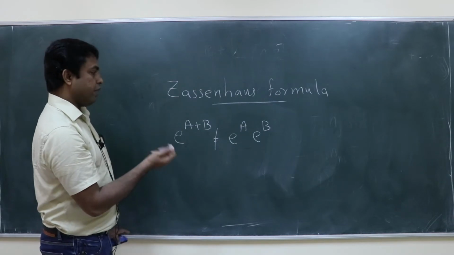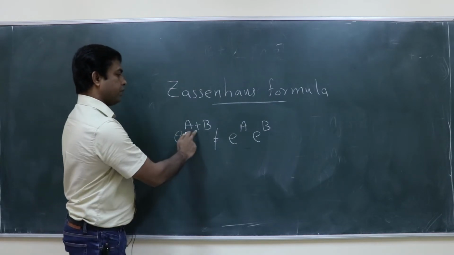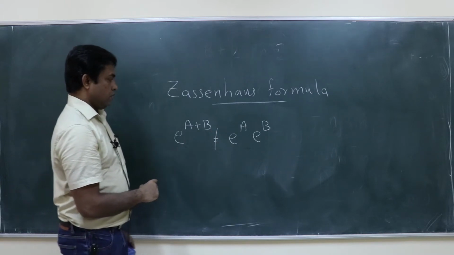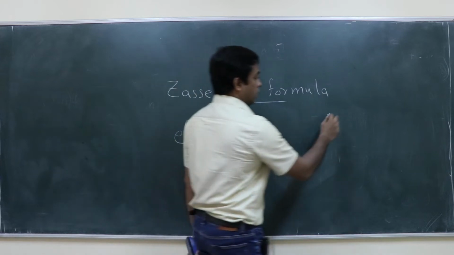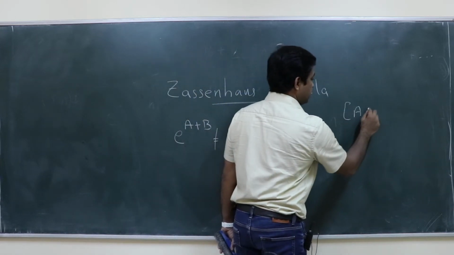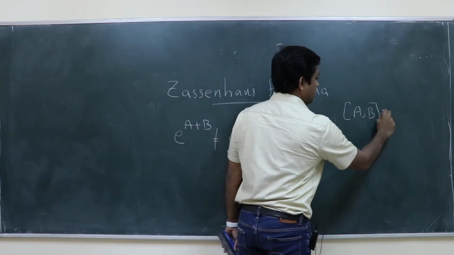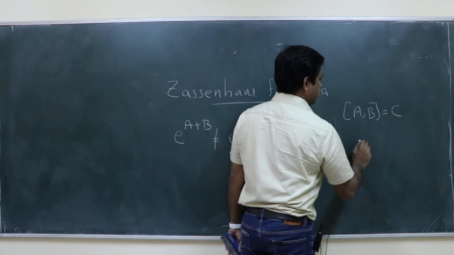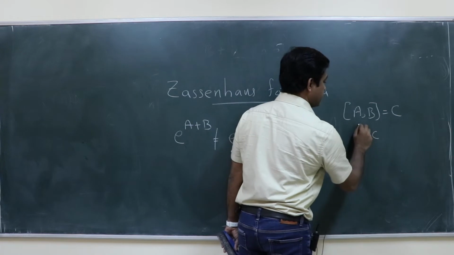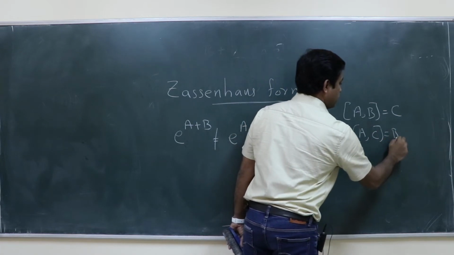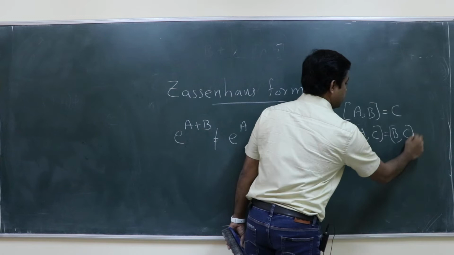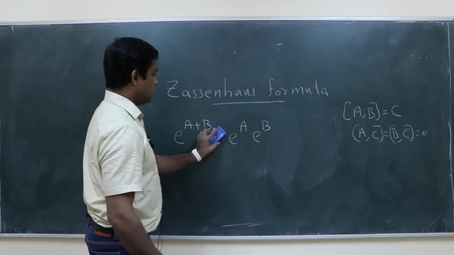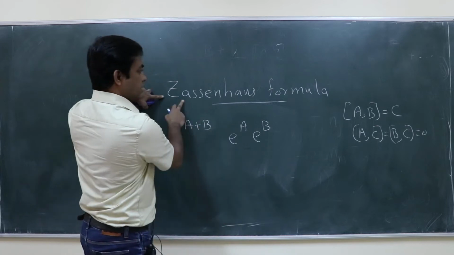If A and B commute, no issue. So e power A plus B is equal to e power A into e power B. Suppose the commutator of A with B is C, and the commutator of A with C, which is equal to the commutator of B with C, is equal to 0. I will come back to the Sassenhaus formula.